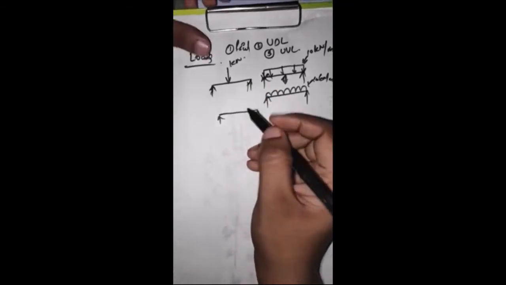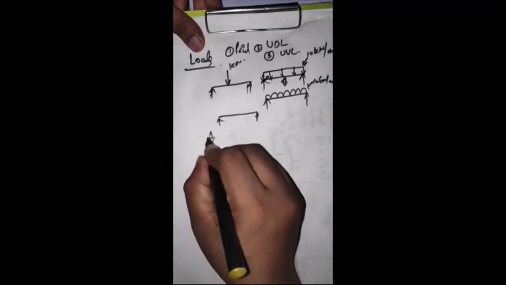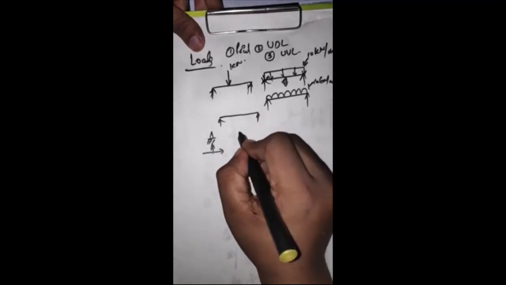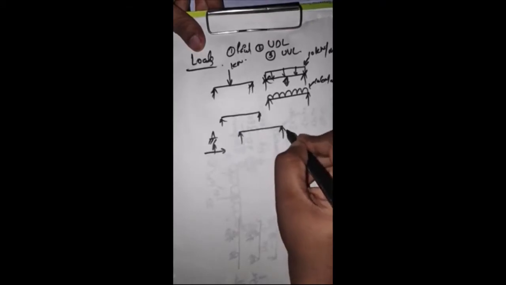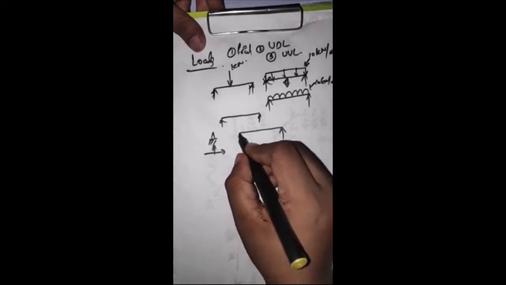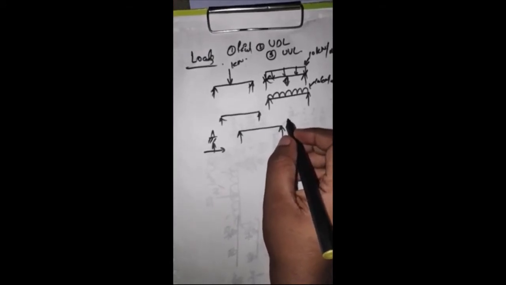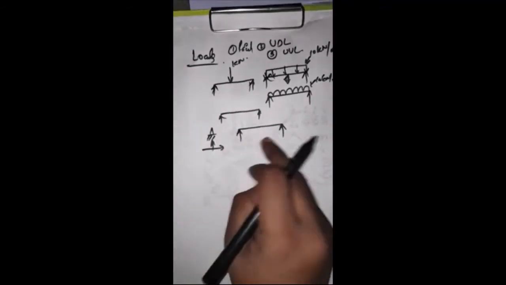Supports are mainly given this way, with a vertical and horizontal reaction, and moment will not be there. But sometimes we represent beams with only one arrow, which means it only has a vertical reaction. It is used simply for representation, and in our normal cases we will be dealing with such types.